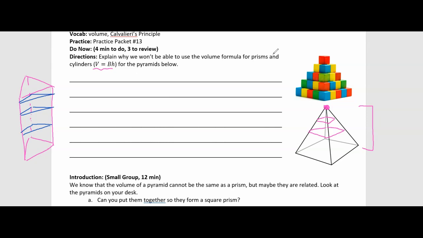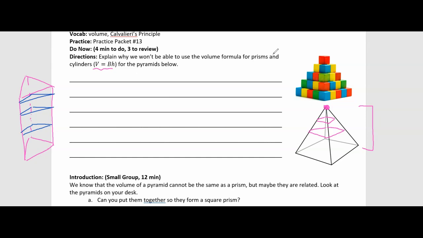So it makes sense to do the area of the base times the height because you're just stacking congruent figures on top of one another. For pyramids, you're not stacking congruent pieces. You're actually stacking similar pieces, but they do get smaller as you approach that point.